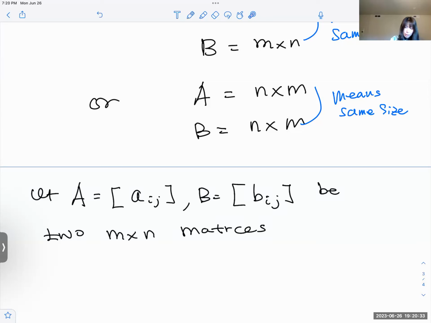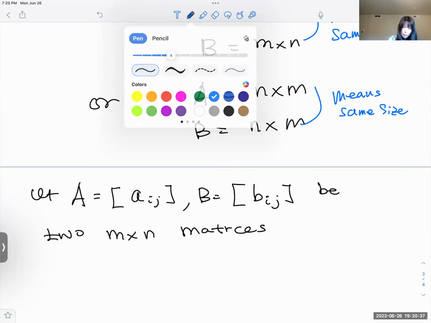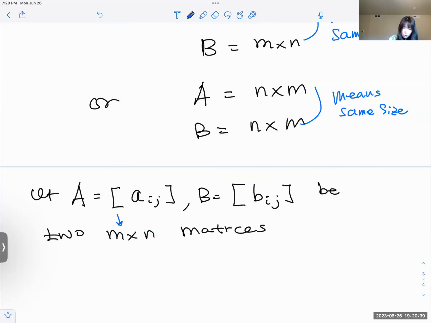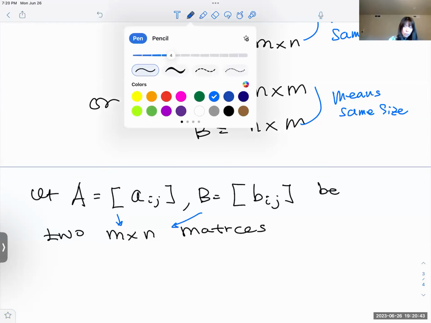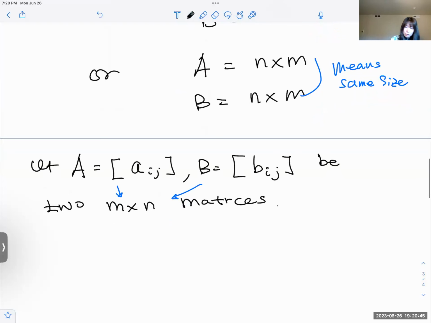So A is m by n, and B is also m by n, right?